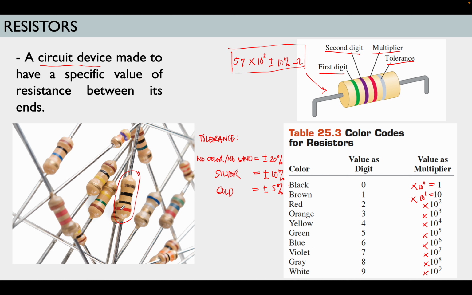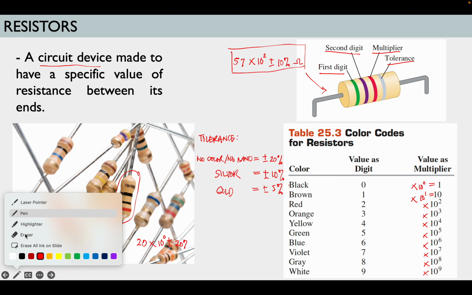So notice here the first is, I think it's red. So red is 2. Second digit is black. Black is 0. And then the third band, which is the multiplier, is also black, so times 10 to the power of 0. And then our tolerance is gold, which is plus minus 5%.